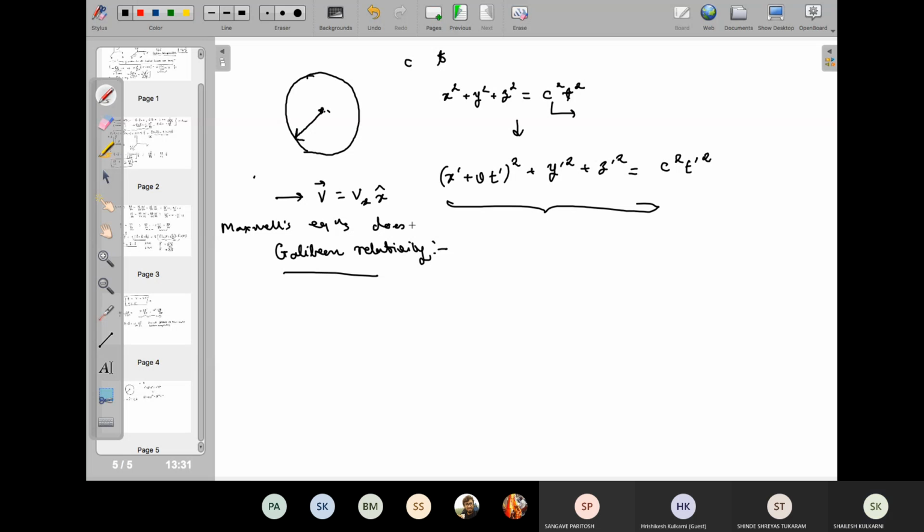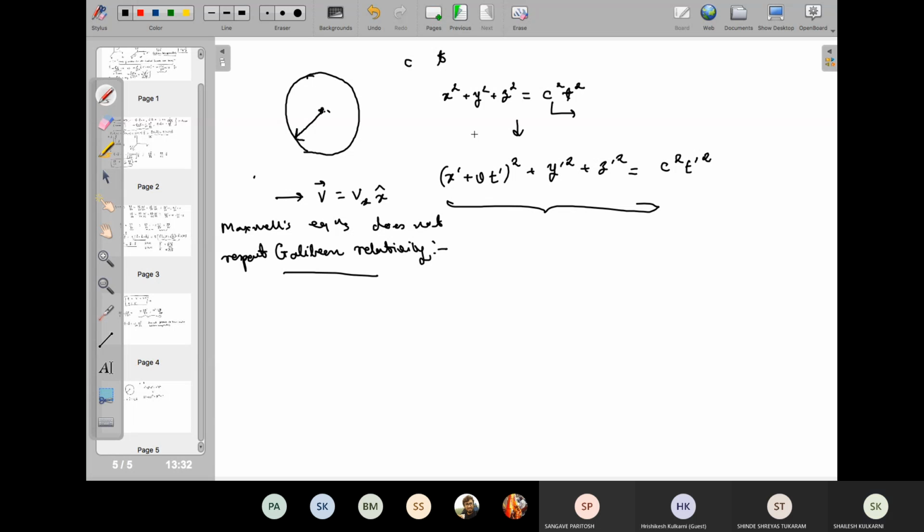So Maxwell equations do not respect the principle of Galilean relativity. But we do observe the same velocity of light in all frames.